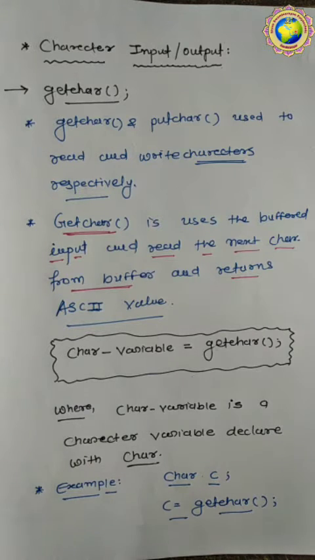In this case, getchar waits for the user to enter a character, and once the user presses a character, it assigns the ASCII value of that character to the variable c.